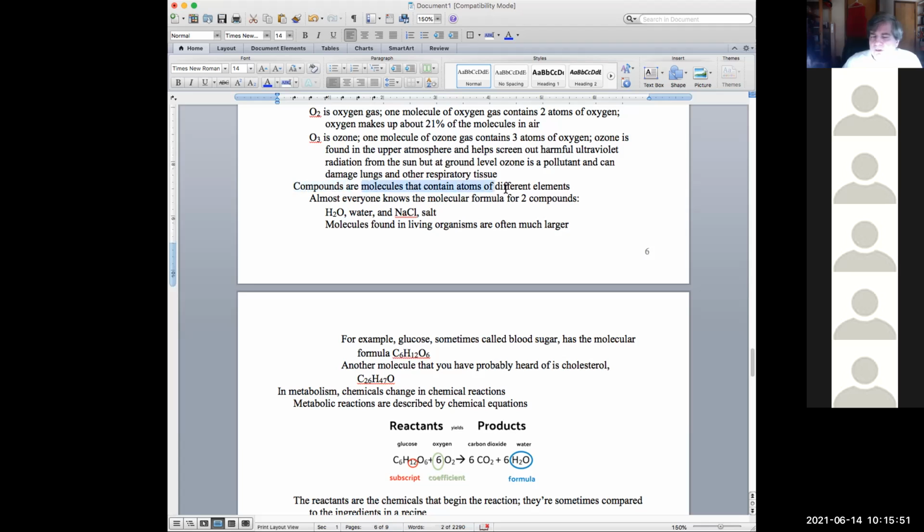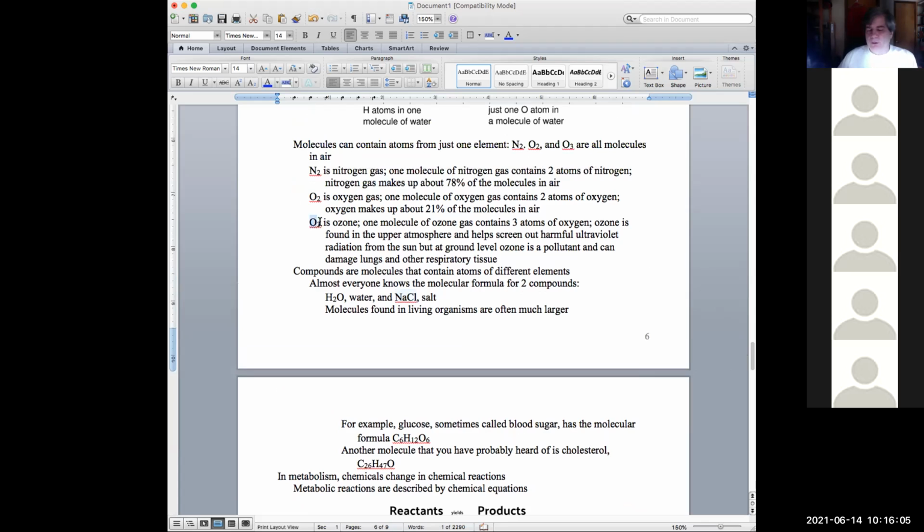Compounds are molecules with atoms of different elements, like H2O, water, NaCl, salt. And there's lots of other examples. If you look at pure elements, something like O3 or N2, you don't really see very many pure elements in nature.